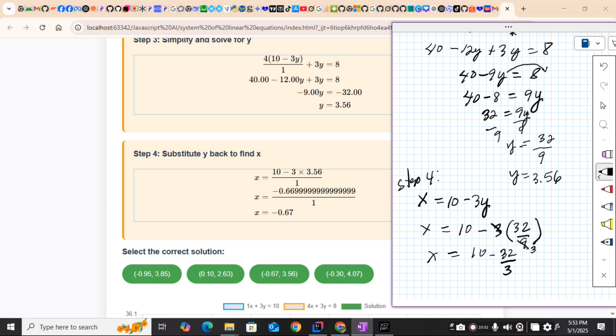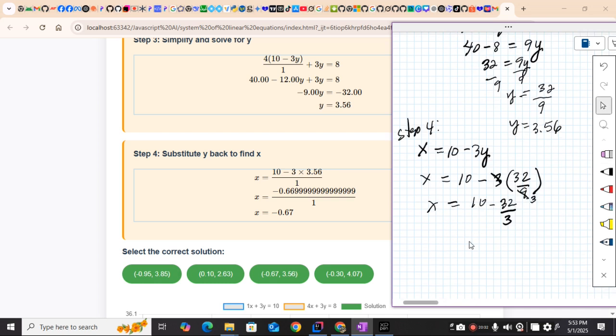Now in dealing with fractions, all we need to do is to find the common denominator. So obviously the common denominator is 3, so we have to set it to 3. For the resulting value to be 10, this has to be 30, simply because 30 over 3 is indeed 10.